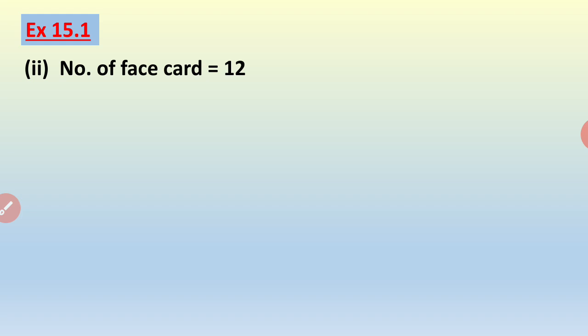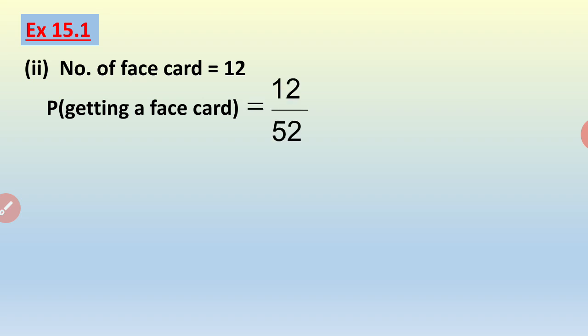One is king, the second is queen and the third is jack. So 3 4s are 12. So the number of face cards is 12. So the probability of getting a face card will be 12 upon total, that is 52, which can be reduced further to 3 upon 13.